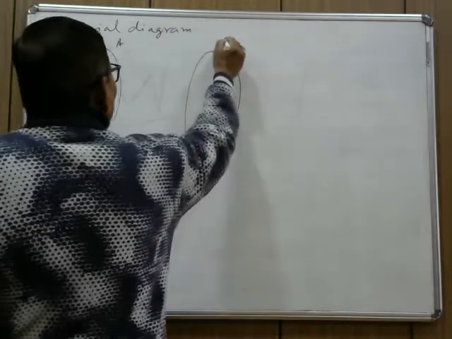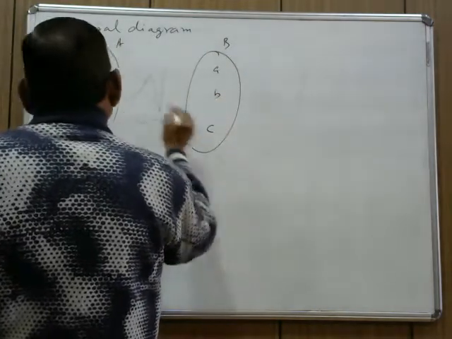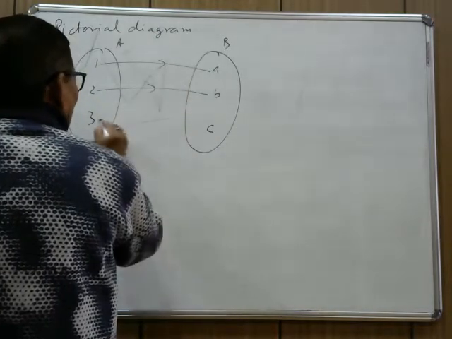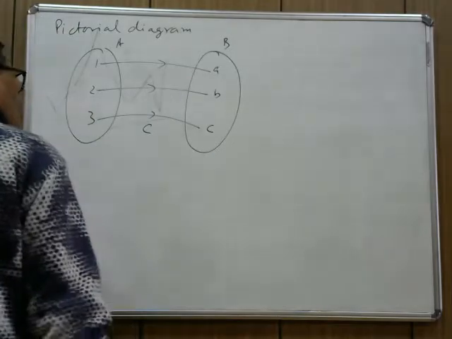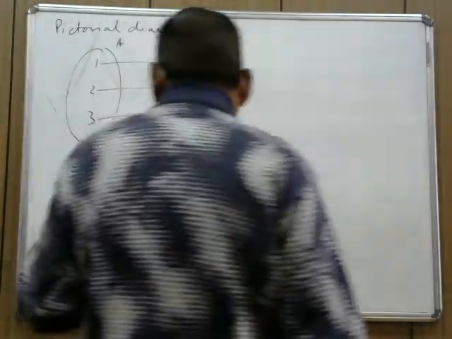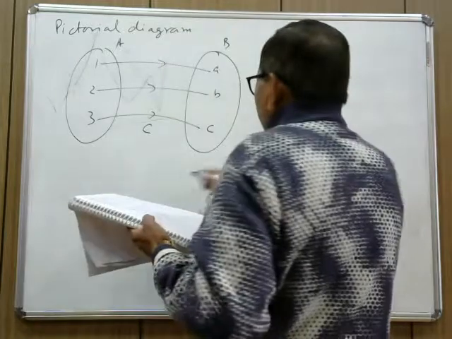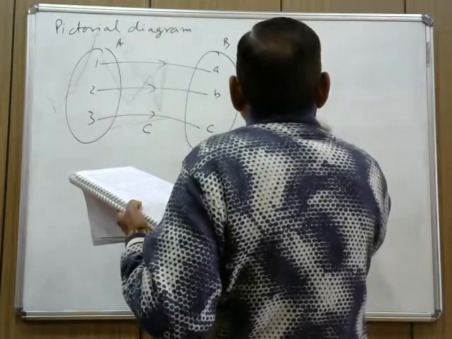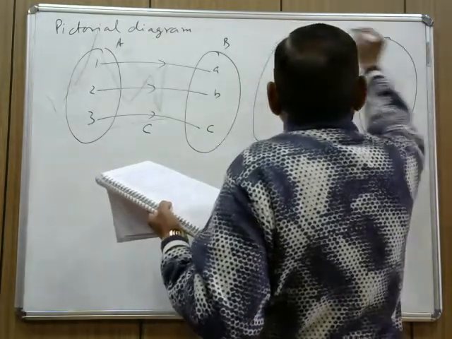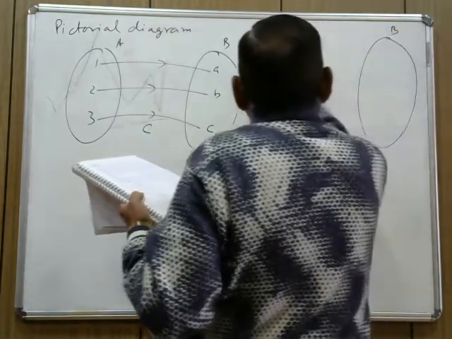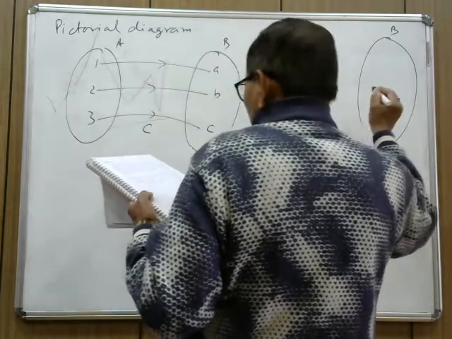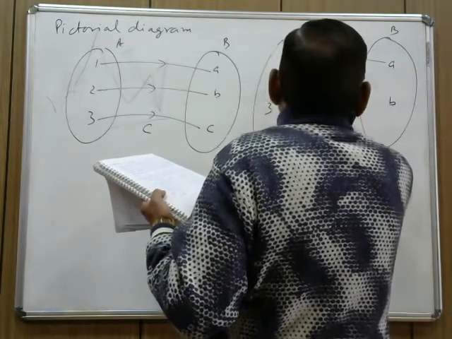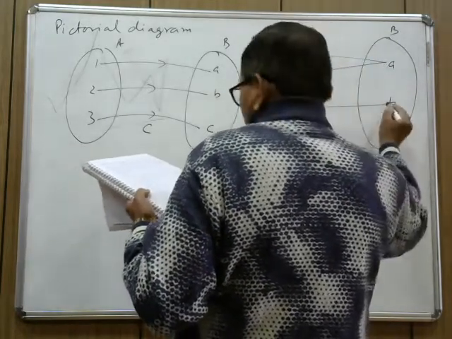This is set A, this is set B. Here are A, B, C. 1 is associated with A, 2 is associated with B, 3 is associated with C. This is first. Second, this is your set A, this is your set B. This is 1, 2, 3. Here are two elements, A and B. 1 is associated with A, and 2 and 3 with B.